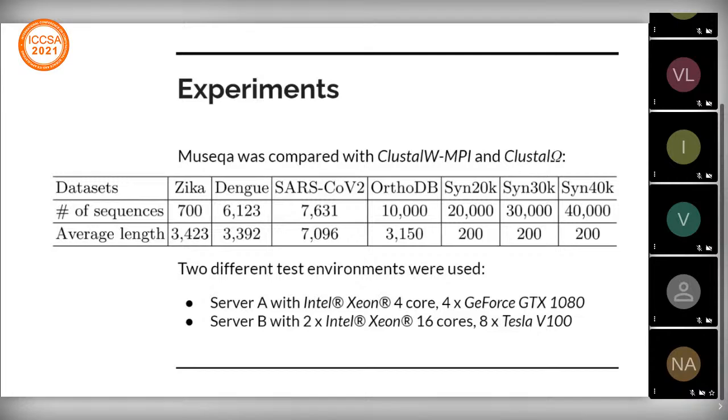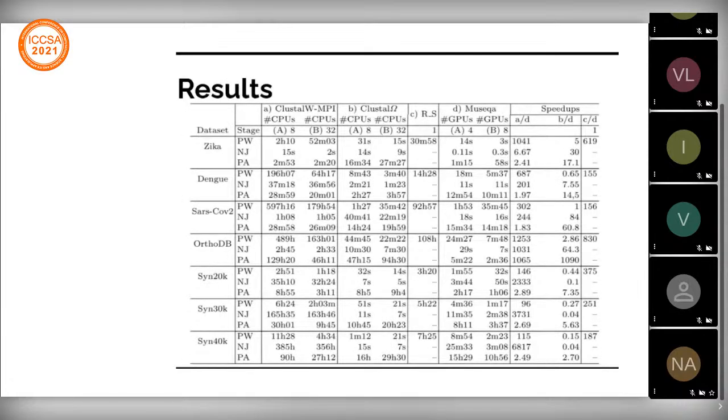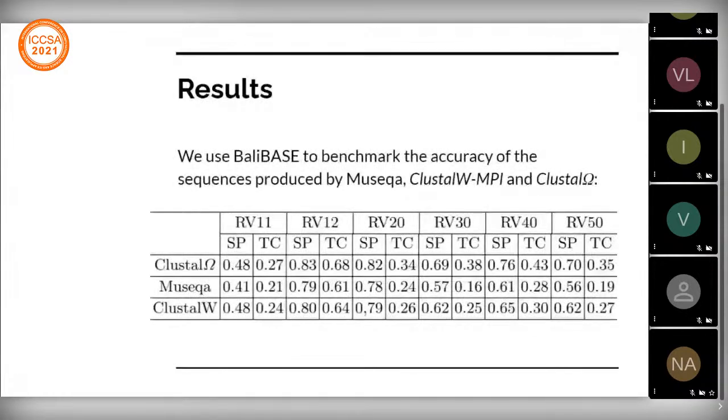So we have a table of results here. Once again, I have to refer you to the article for further details. We also use BAliBASE in order to compare quality between our sequences and our competitors. Although we are a little bit worse in quality, we are not that far away.